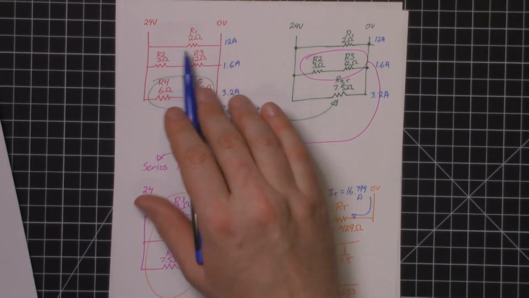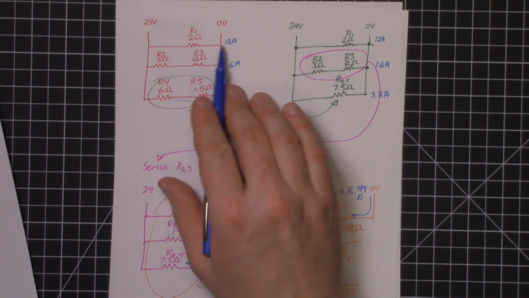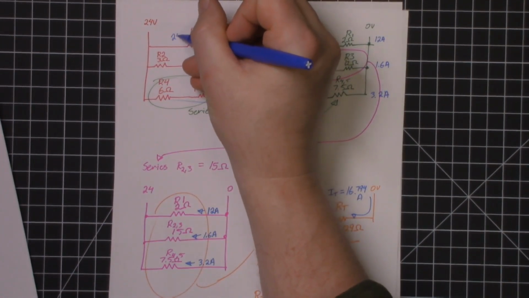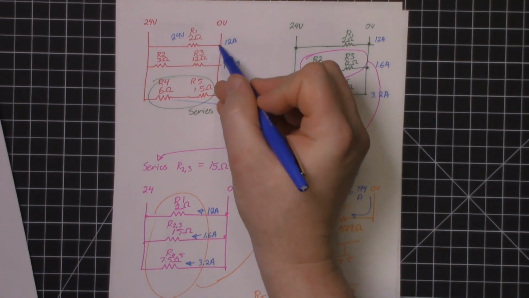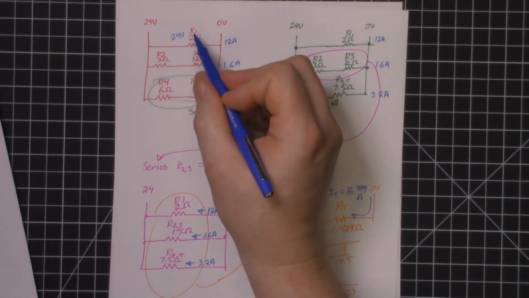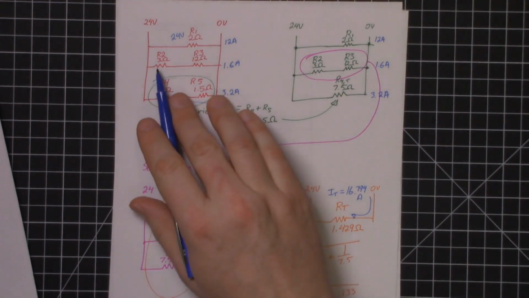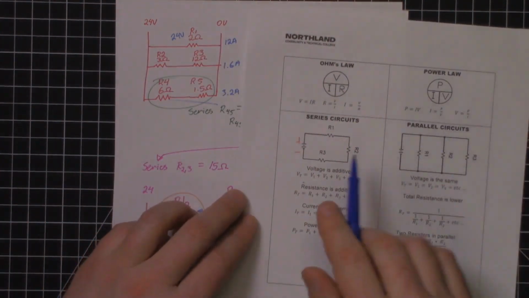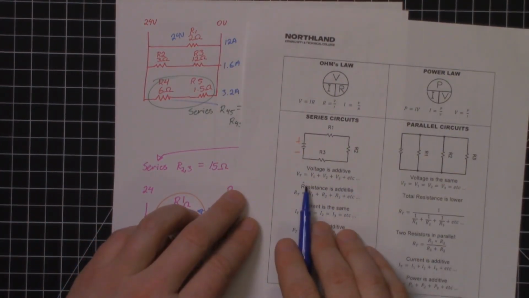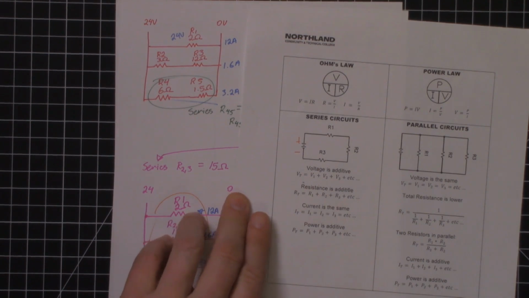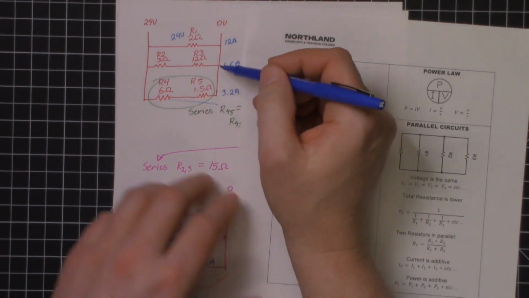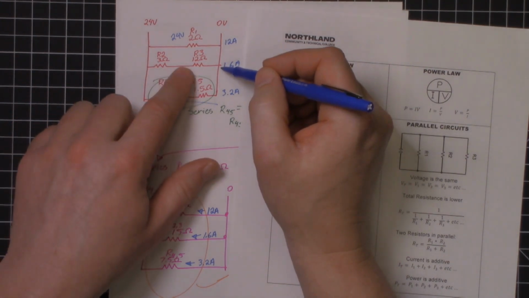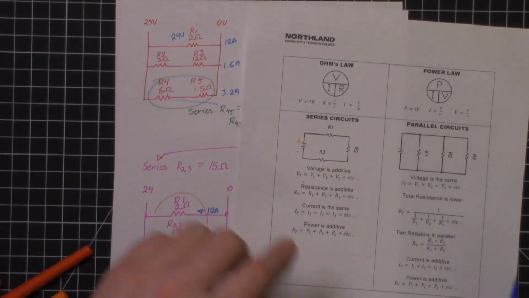This one's pretty straightforward. There's one resistor, it's in parallel, so the voltage across this resistor is going to be 24 volts. Makes sense? It's connected directly to your 24 volt source. So that one's fixed. These guys are going to be a little bit different. Again, in a series circuit, your voltages are additive, so in this branch they should total up to 24, but we're going to have some voltage across here and some voltage across here.